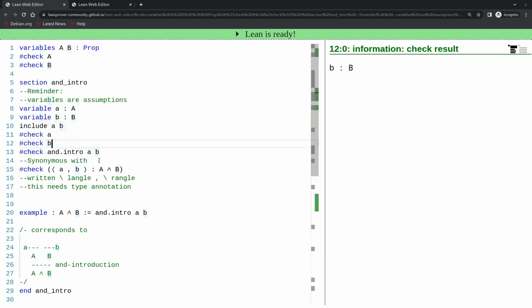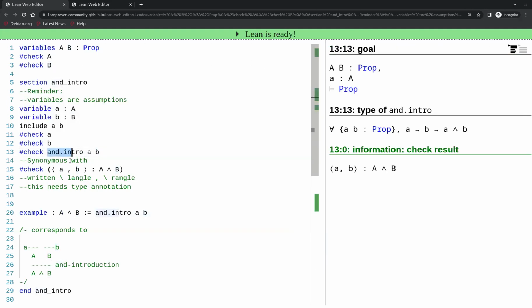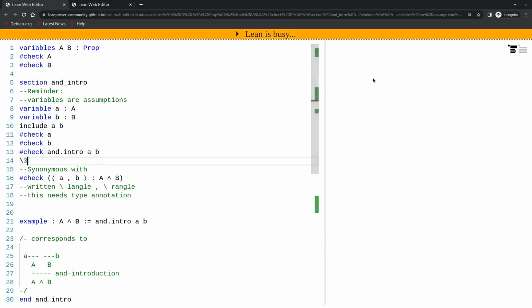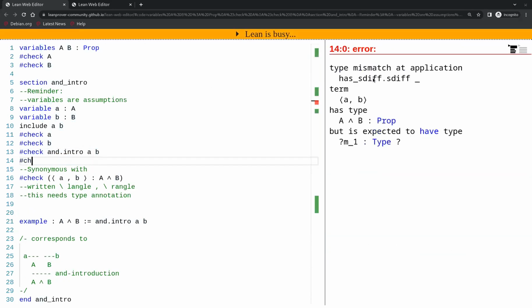Then in Lean, there's a built-in constant called and.intro, and we can apply it to our proofs of A and B, and the result will be a proof of the proposition A and B. If we look at this in more detail, we can see the type of and.intro.